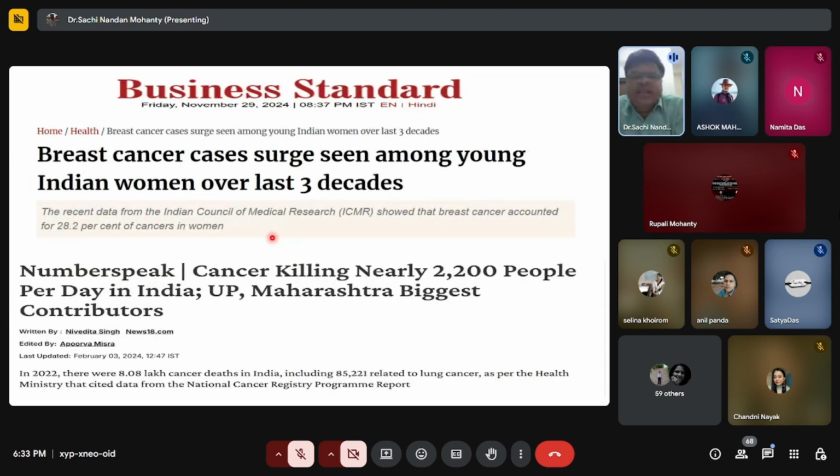Now, Business Standard, on November 29, 2024, identified that breast cancer cases have been seen rising among young Indian women over the last 3 decades.